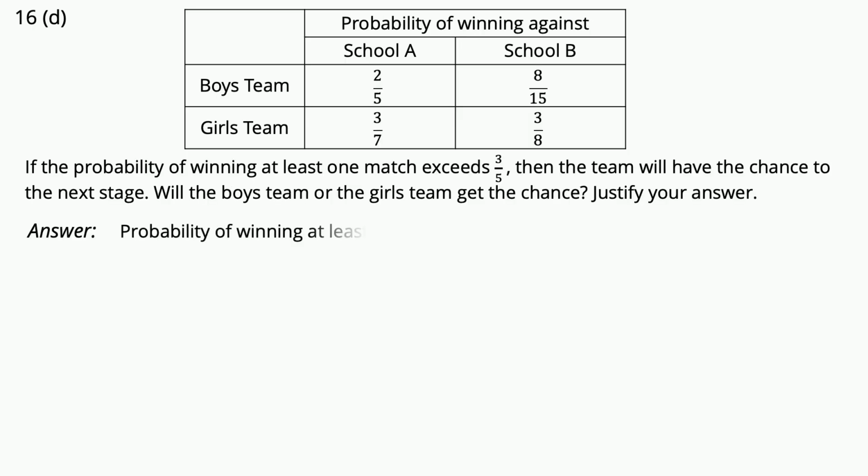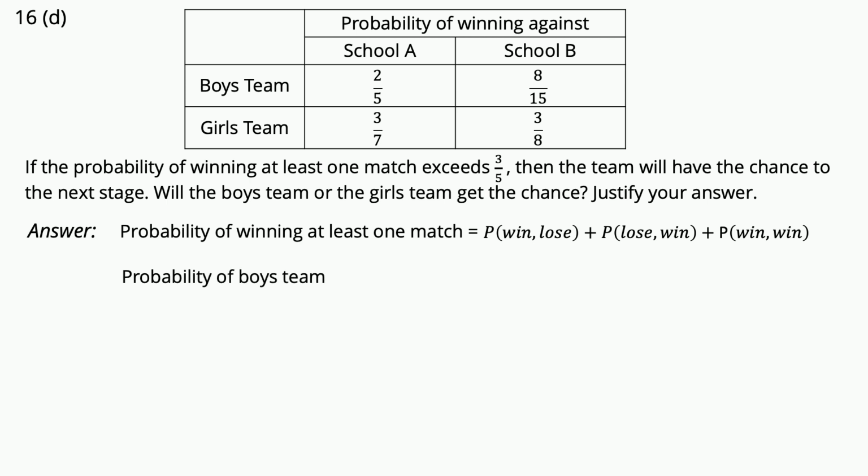Calculating the probability of winning at least one match, that's the sum of the probabilities of win-lose, lose-win, and win-win. Probability of boys' team: win 2/5, lose 1 minus 8/15, so 2/5 times 7/15.